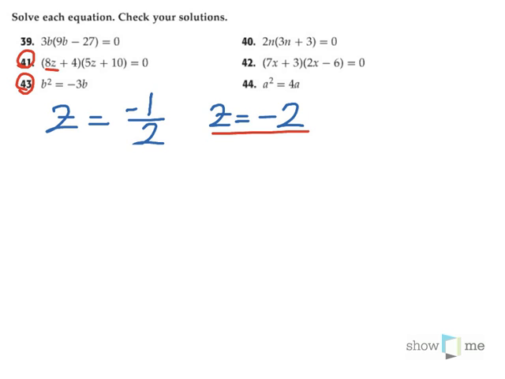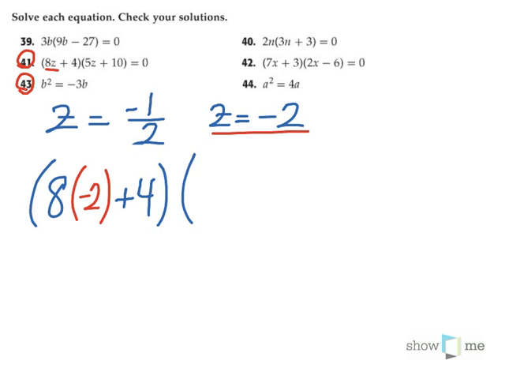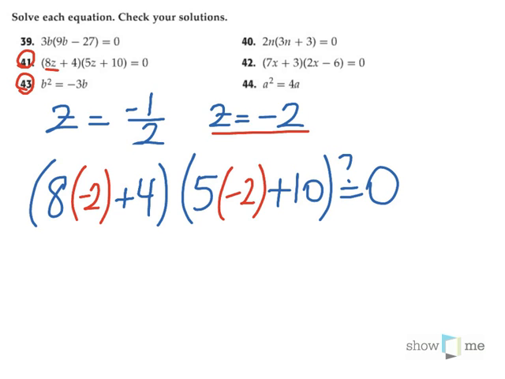Now let's check z equals minus 2. Now I'll go like this. 8, now substituting z as minus 2, plus 4, and on the other brackets it will be 5 times minus 2 plus 10 equals, we don't know, 0. Now let's calculate here.